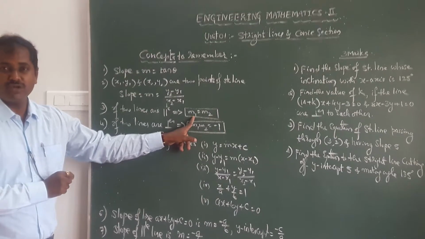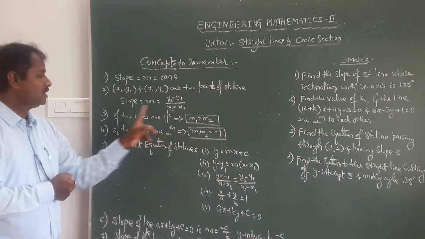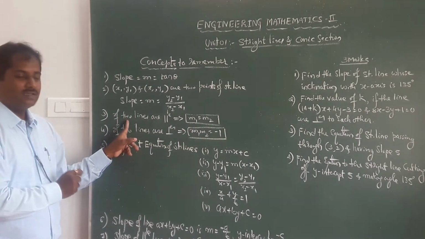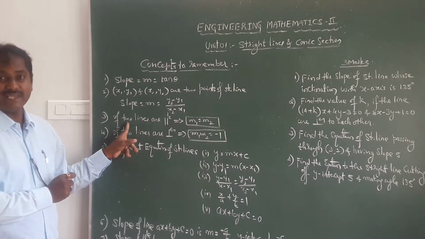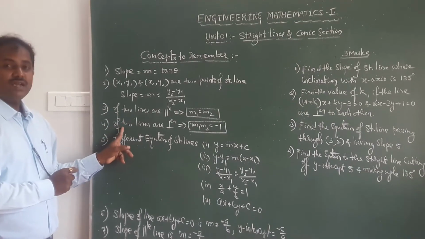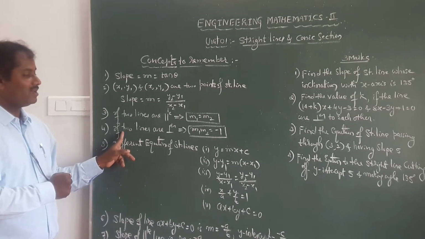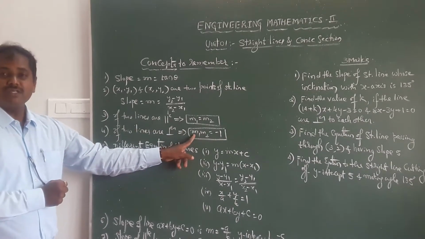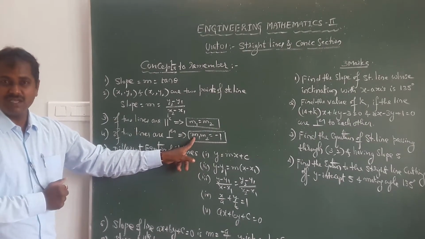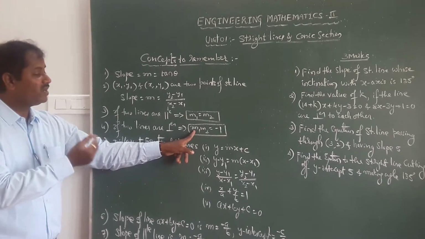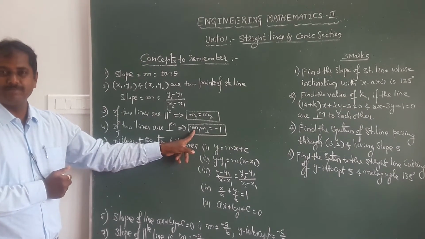Remember, this is a very important point for your examination. If two lines are parallel, then their slopes are always equal. Similarly, if two lines are perpendicular, then the product of their slope is always equal to minus 1, which is nothing but m1 into m2 is equal to minus 1.